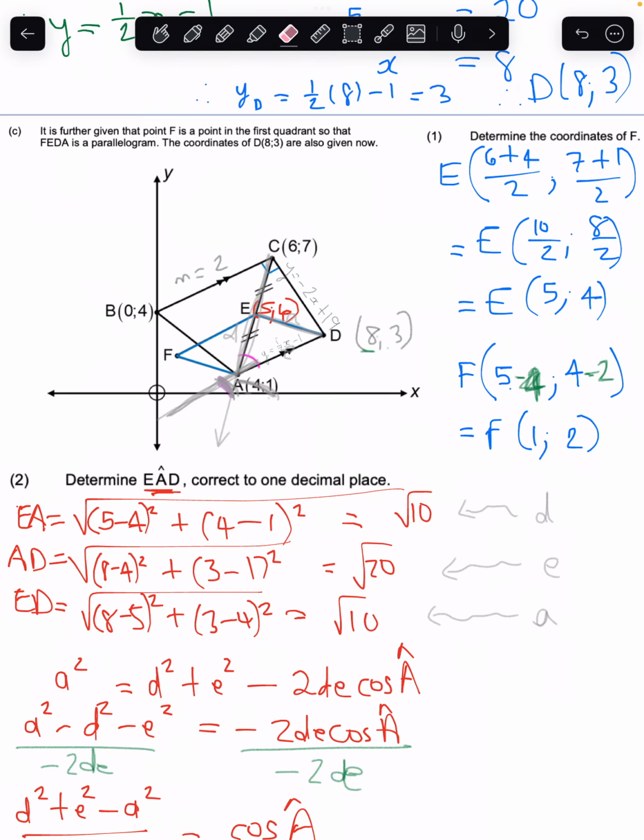Okay, so that looks very tiny now. I don't know if there's a way that I can make it a bit bigger and clearer to see. But they worked out the gradient of AC, so then they could get this angle of inclination, and then they knew the gradient of that line, so they had this angle.